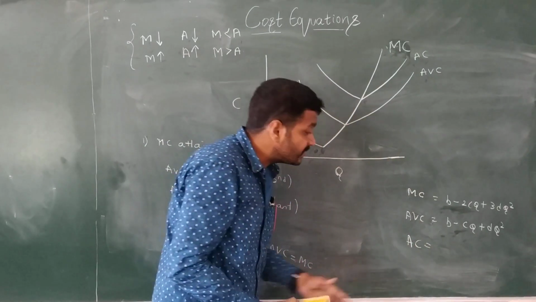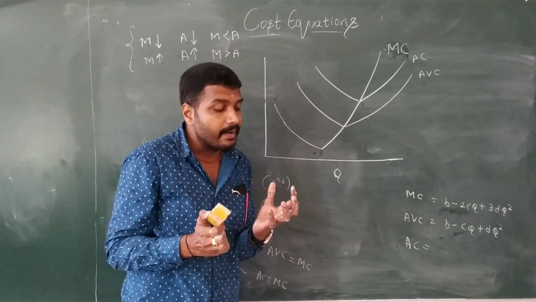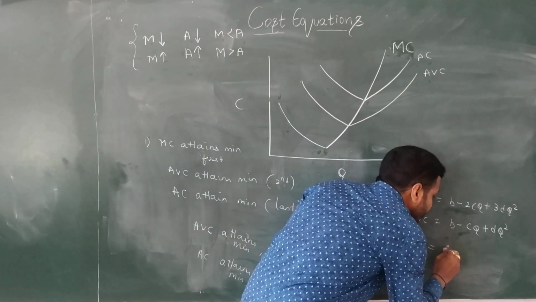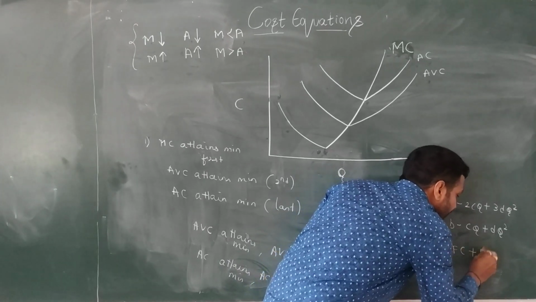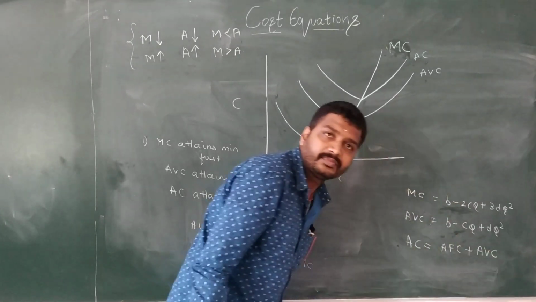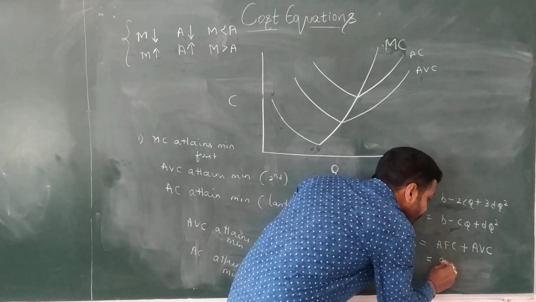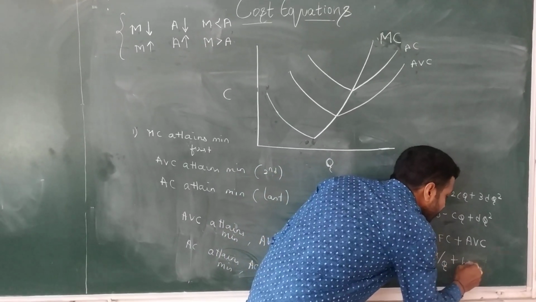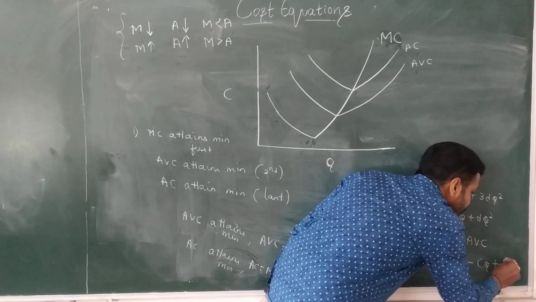Because AC comprises one more component, that is AFC, plus ABC. And the AFC expression is A by Q, plus B minus CQ plus DQ square.